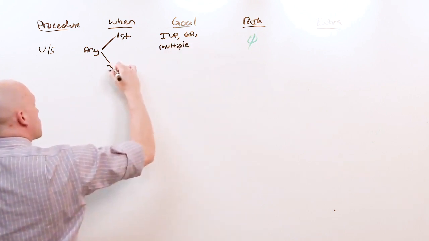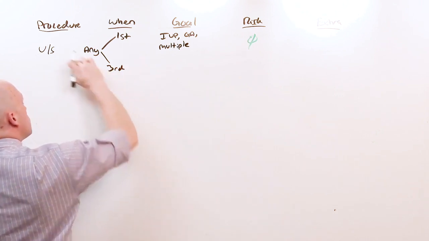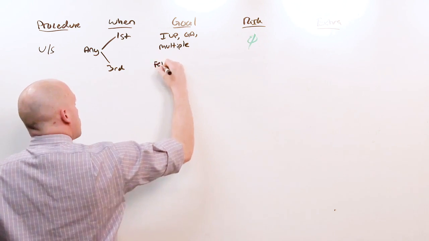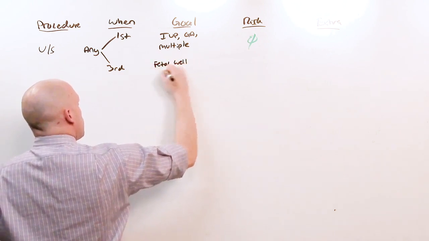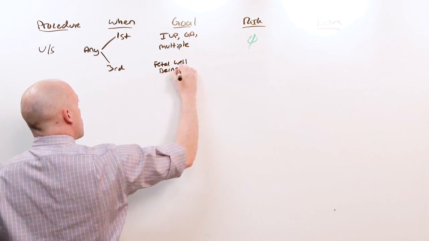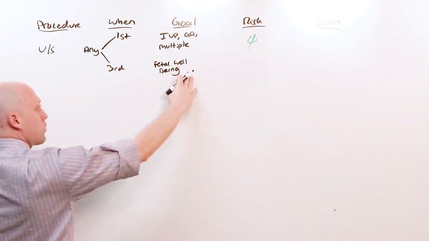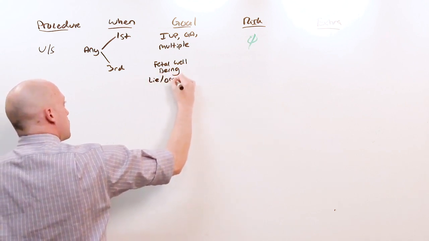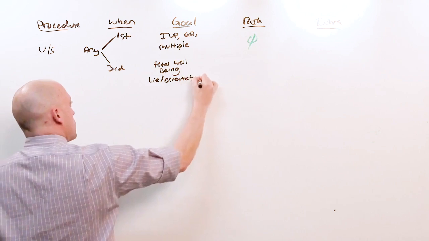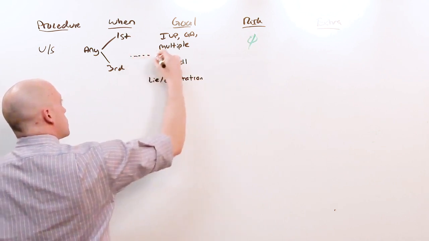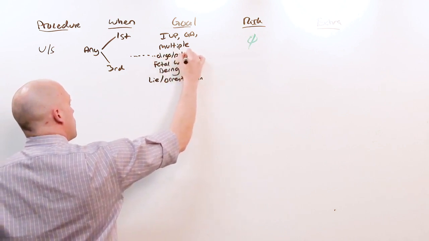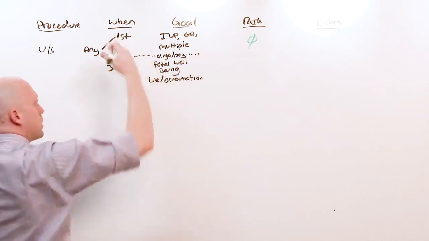In the third trimester, you're going to use the ultrasound to assess for fetal well-being in the biophysical profile, for example, and to confirm lie or orientation. You can also use the ultrasound to determine if there's oligo or polyhydramnios, which is generally going to be used somewhere intermittently between there.